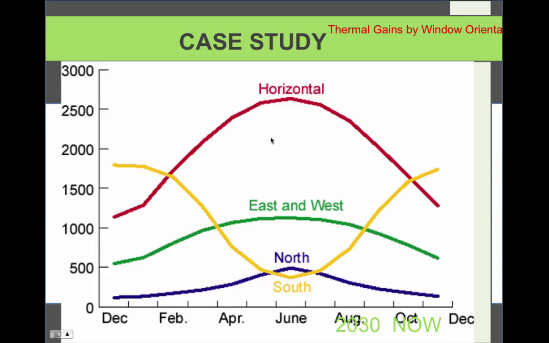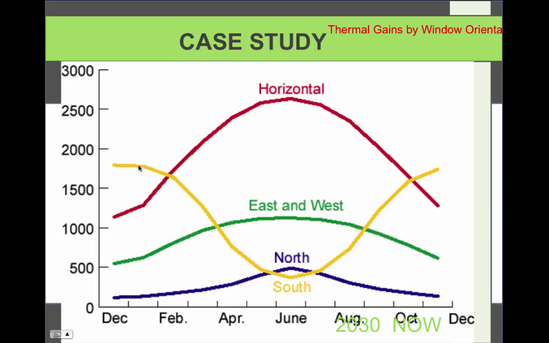So flat skylights are actually pretty bad solar collectors because they collect solar energy when you don't want it and they reject solar energy when you do want it. East-west windows are also pretty bad. They do the same thing. North window, not so bad. I mean, it collects a little extra energy in the summertime, but it doesn't really add anything to it. Doesn't hurt you too bad in the summer, but it doesn't add anything to you in the winter.